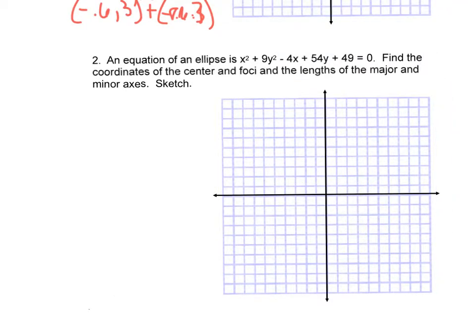All right, folks, so what's weird about this is you have to do completing the square twice to be able to move everything over. So again, group all of your variables together. So let's do our x squared plus -4x, okay, because those are our x's, and then 9y squared plus 54y, and then it equals -49 because you have to subtract that over.